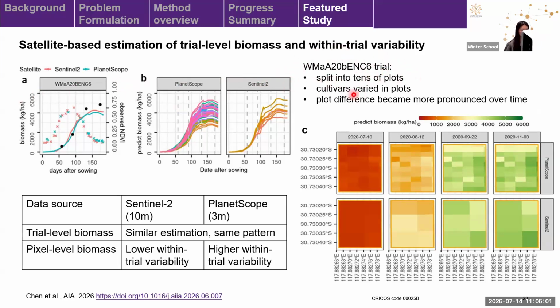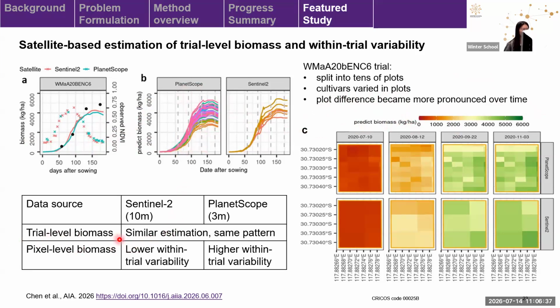This trial is actually split into tens of plots, and each plot grows different cultivars. That means the crop growth difference between the plots will become more pronounced over time. And you can see our predicted biomass can reproduce this temporal pattern of the difference. And for this figure here, each line represents the dynamics of each pixel within the trial.